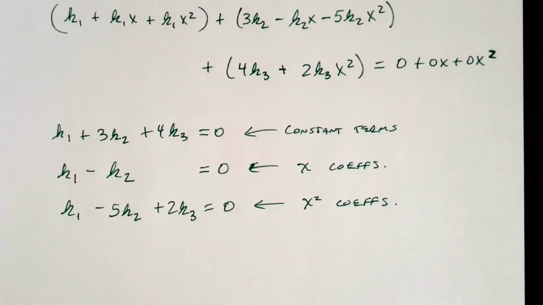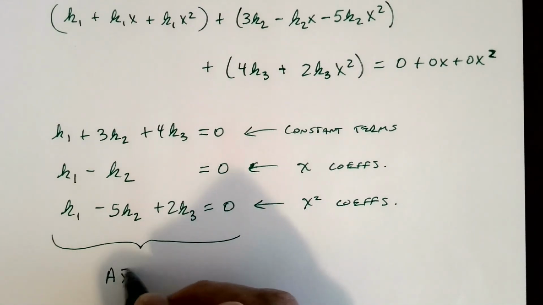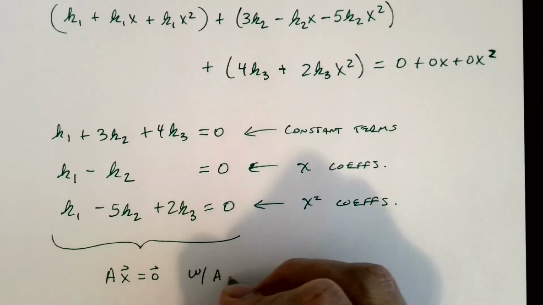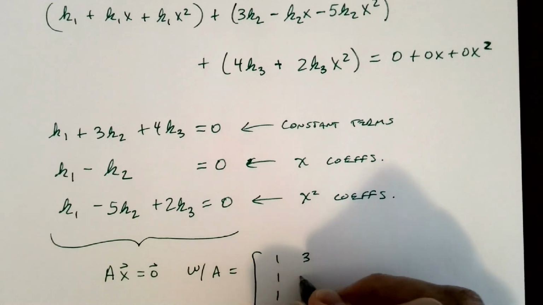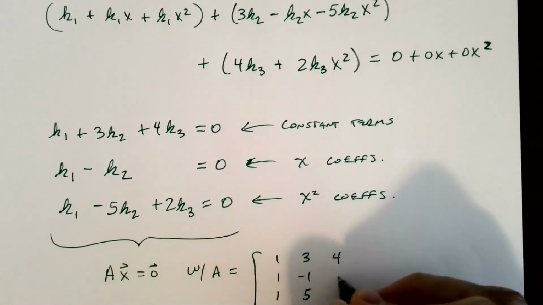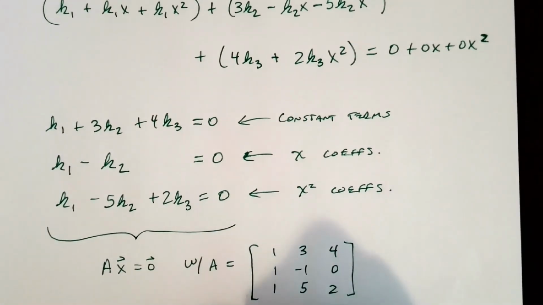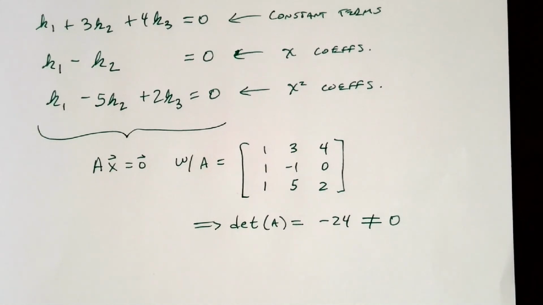So how do we determine linear independence? You can solve the system, or just note again that this system is Ax equals 0 with A equal to this coefficient matrix. In this case it's square, so I can take the determinant of this matrix, and I get negative 24, which is not 0, again using technology, a calculator.